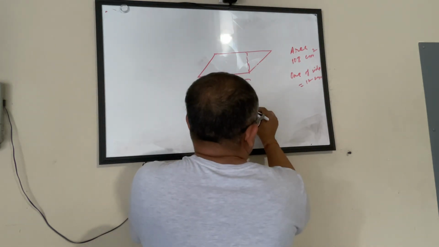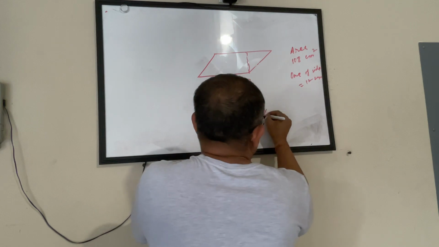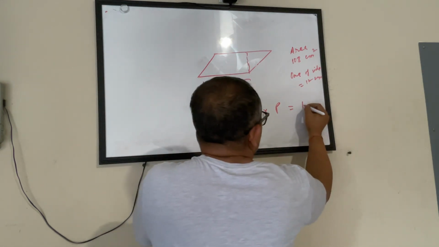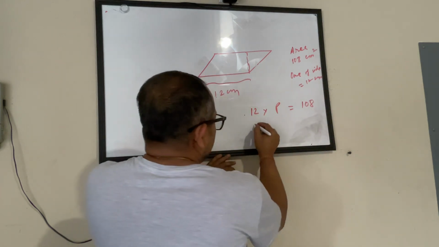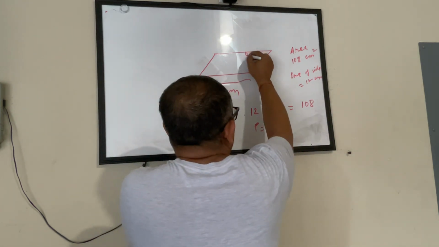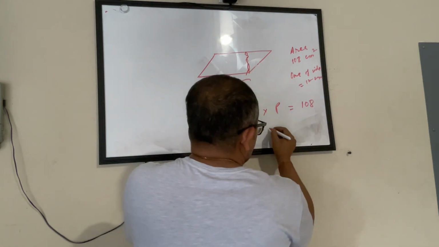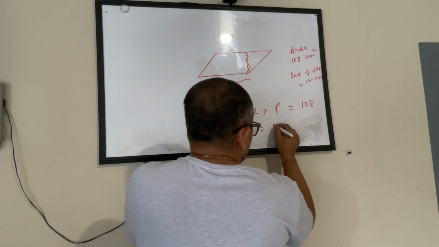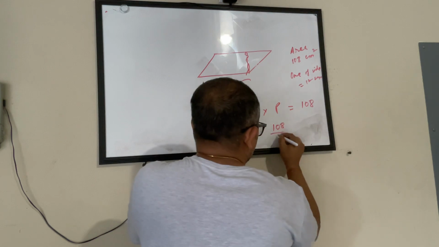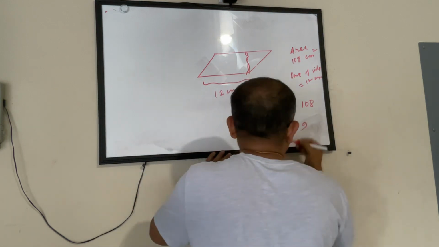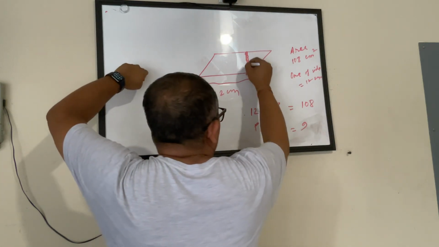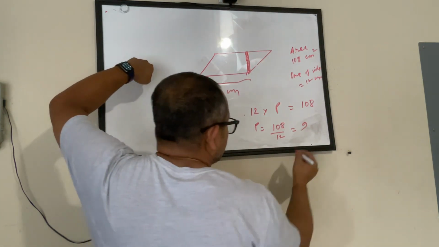So base times the perpendicular distance. Let me call it P. 12 times P is 108. P is the perpendicular distance between the two parallel lines. P is 108 divided by 12. That gave me 9. So from here to here the distance is 9.